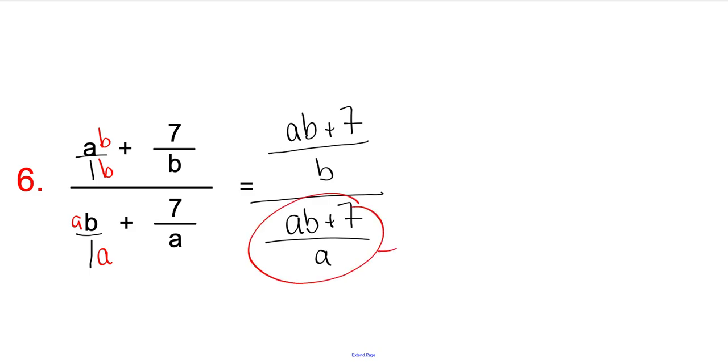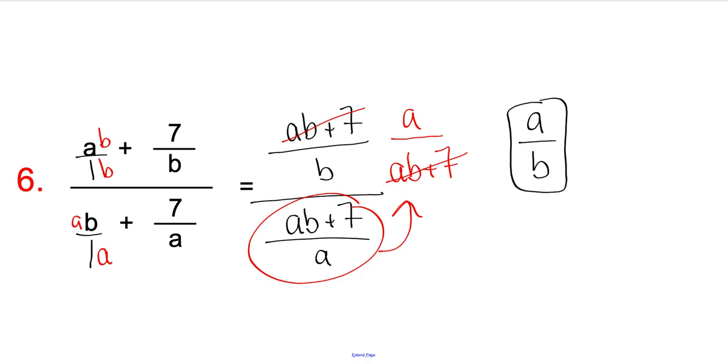So take this, flip it around, and then look for things to cross cancel. So that and that cancel out, and we can't do anything with the A and the B, so we are just left with A over B. Okay? So we had to combine those fractions on the top and the bottom before we could do our skip, flip, multiplying step there.